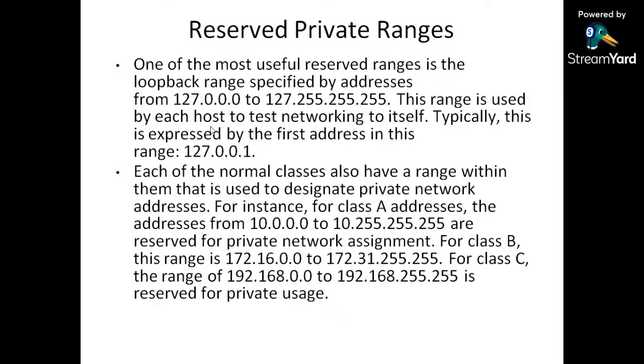Each normal class also has a range within it designated as a private network. For class A, the addresses from 10.0.0.0 to 10.255.255.255 are reserved for private network assignment. For class B, the range is 172.16.0.0 to 172.31.255.255.